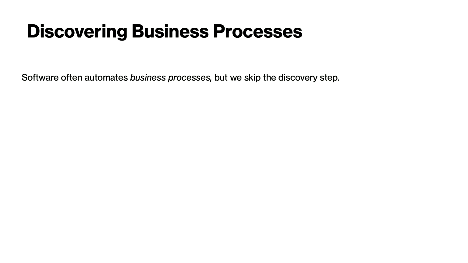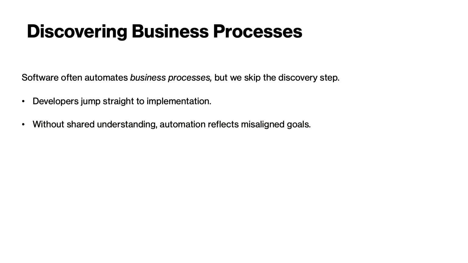Ultimately, most of what we are trying to do in software development is automate somebody's business process for them. That's the meaning of what we do, right? So we don't want to go straight to the implementation, because that often results in a very strict misalignment between what the business is thinking about and what we as developers are thinking about.